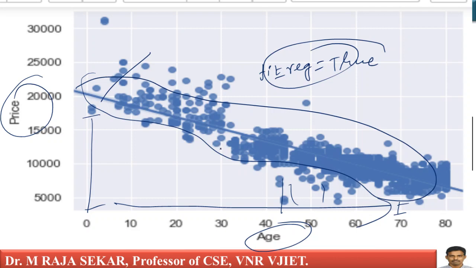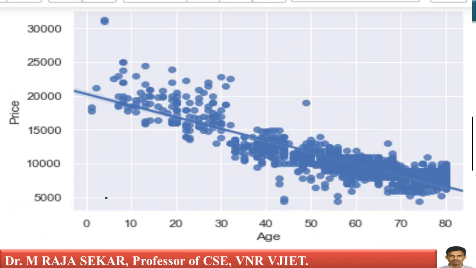What it does is estimate the coefficient of x and then plot the line over the points. That's why the function is named regplot, regression plot, because it plots a regression line.